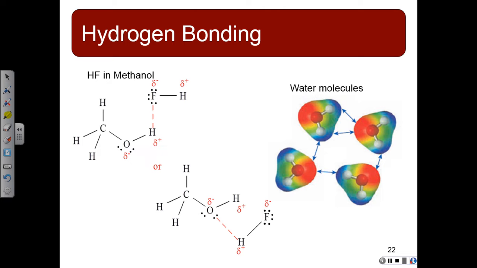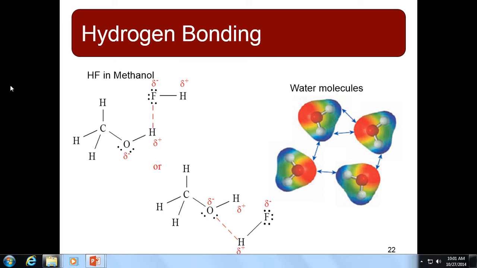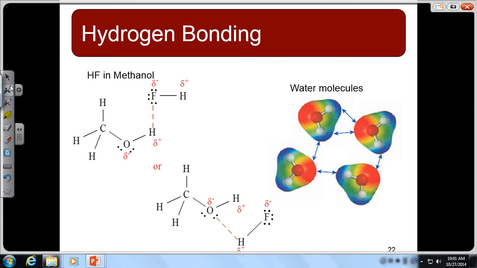And then we have methanol, which is our structure underneath here. When we label our HF bond, the fluorine has the partial negative because it's more electronegative, and the hydrogen has a partial positive. Down here, our oxygen has the partial negative and hydrogen the partial positive.